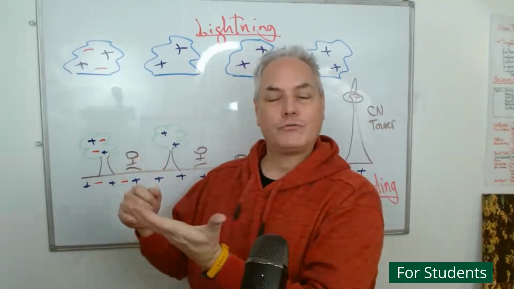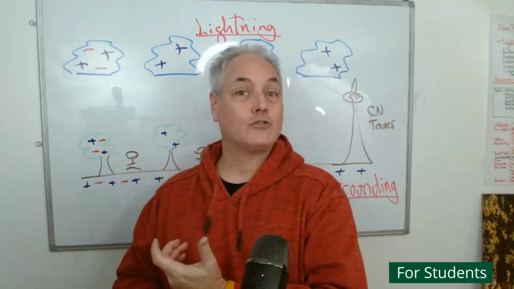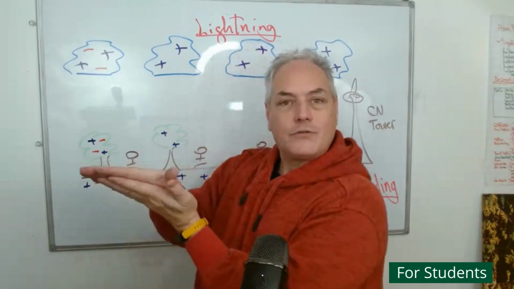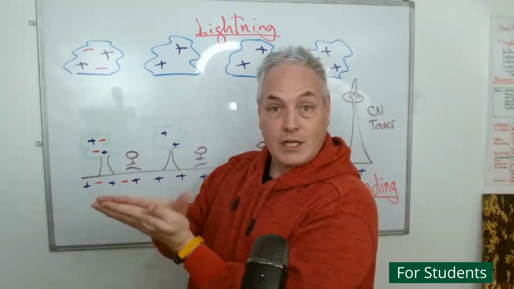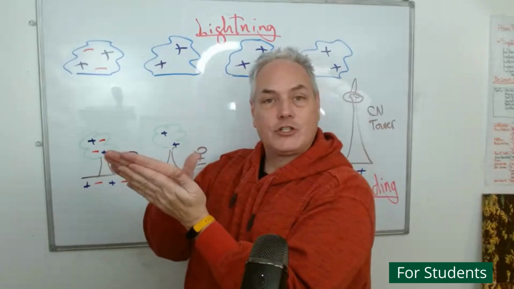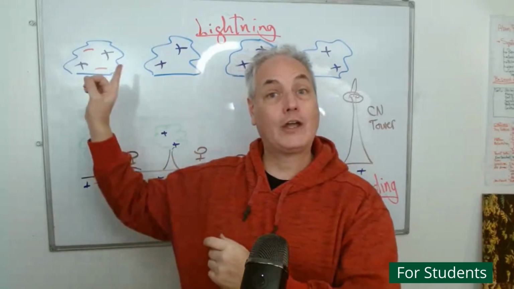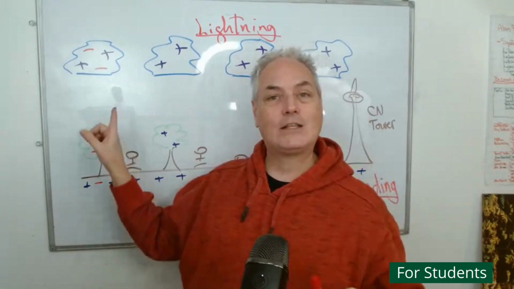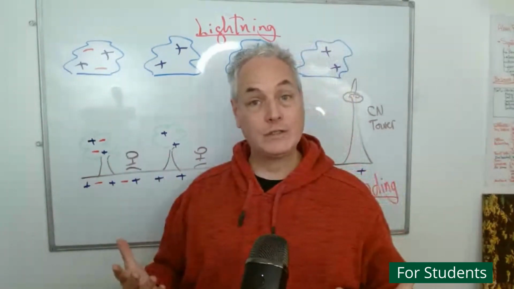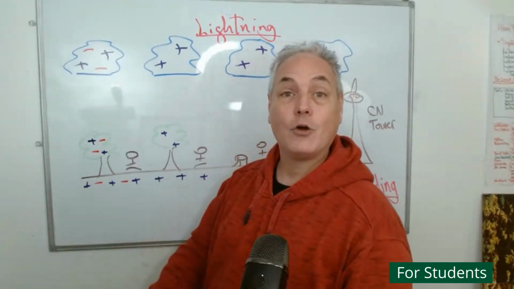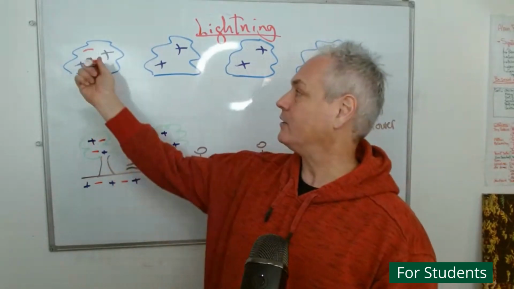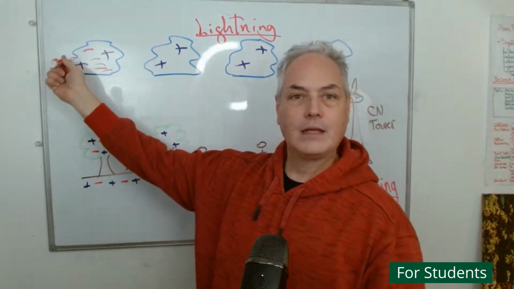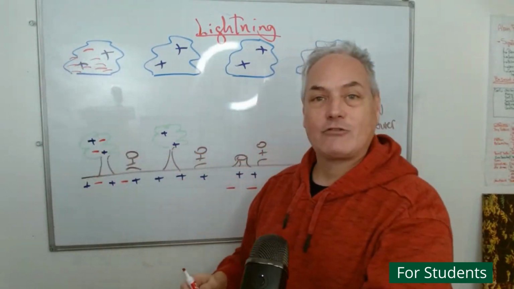So when you have a cold air that tends to be drier, when there's a friction between the two types of air, here you can charge a cloud by friction. So what will happen is that you have the dry air that will lose electrons, and you would have water in the clouds accumulating electrons.